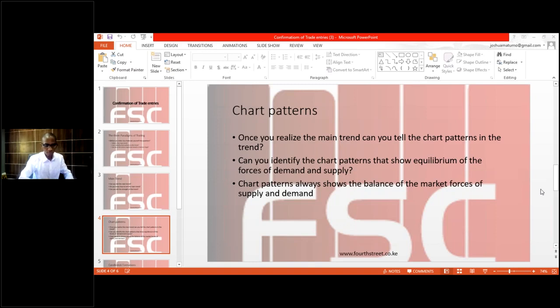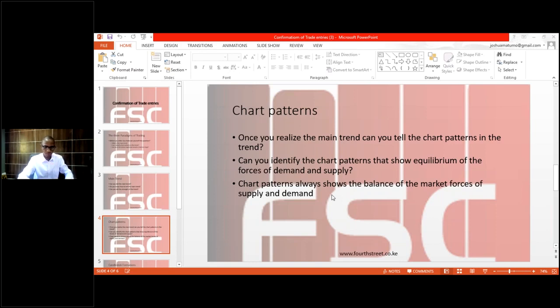Thank you, George, for that polish up. George has touched a bit on wedges and a few other chart patterns that we will be getting into their analysis in a few minutes after we're done with the discussion of the pointers of the theory.